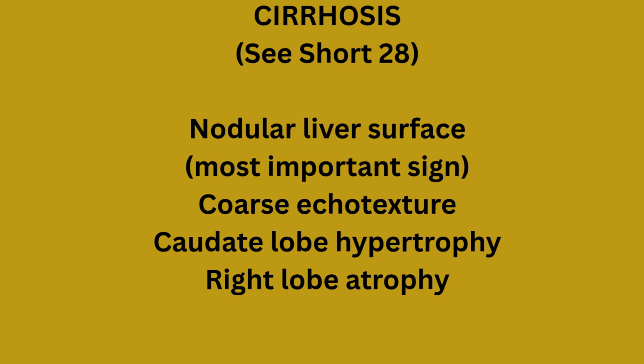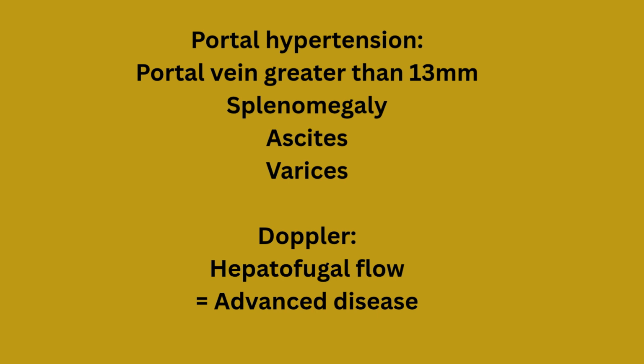Cirrhosis: end-stage liver disease. The most important ultrasound signs: nodular liver surface, caudate lobe hypertrophy, right lobe atrophy, coarse echotexture, portal hypertension signs. What are they? Portal vein greater than 13 millimeters, splenomegaly, ascites, varices, Doppler showing hepatofugal flow away from the liver, meaning very advanced disease.